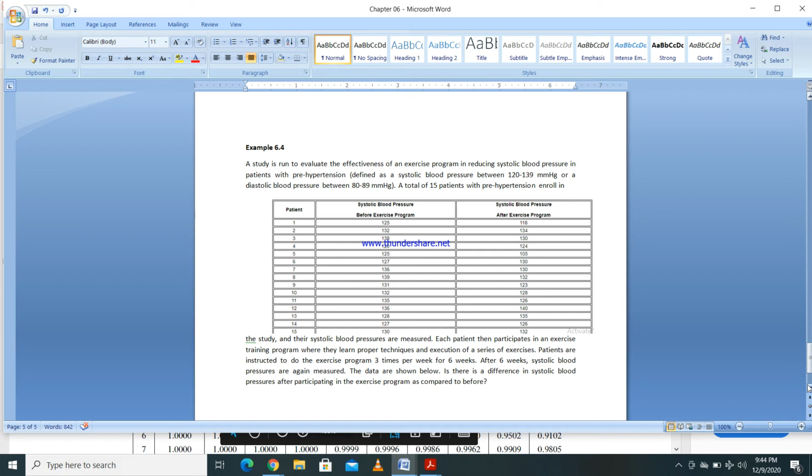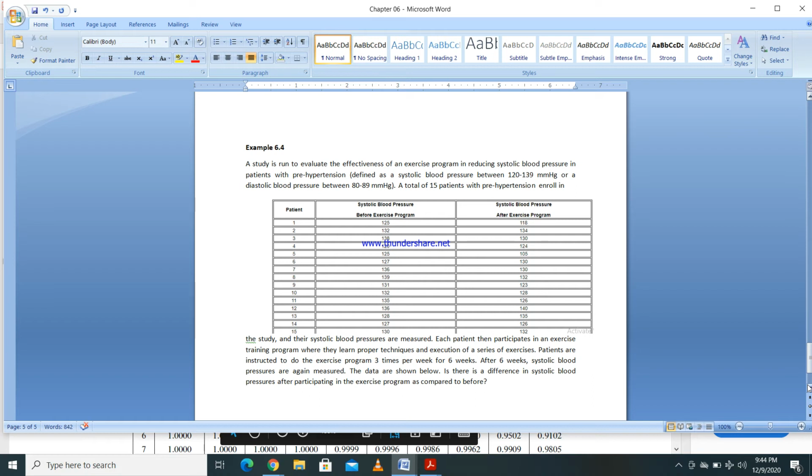A total of 15 patients with prehypertension enroll in this study, and their systolic blood pressure is measured. Each patient then participates in an exercise training program where they learn proper techniques and execution of a series of exercises. Patients are instructed to do the exercise program 3 times per week for 6 weeks. After 6 weeks, the systolic blood pressure is measured again.